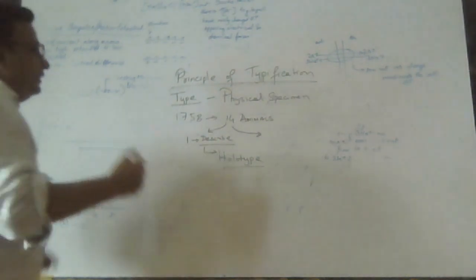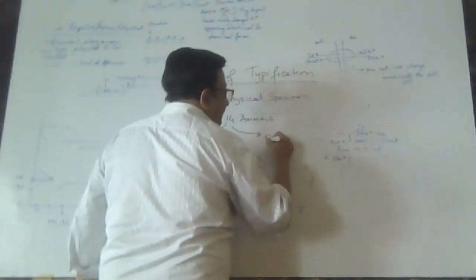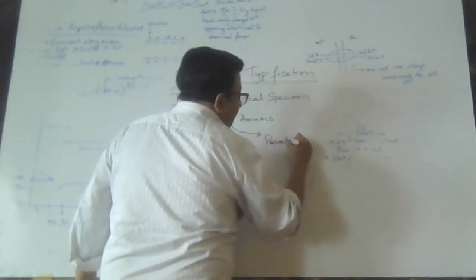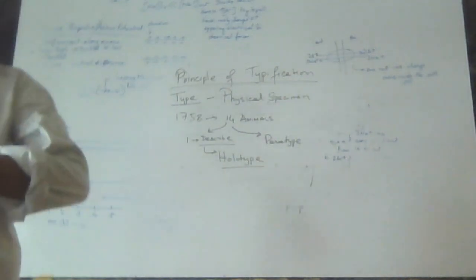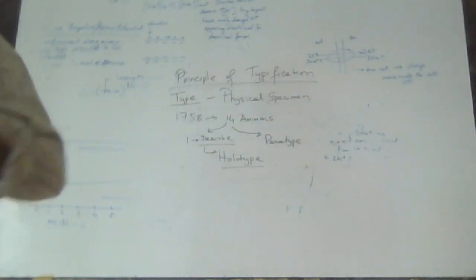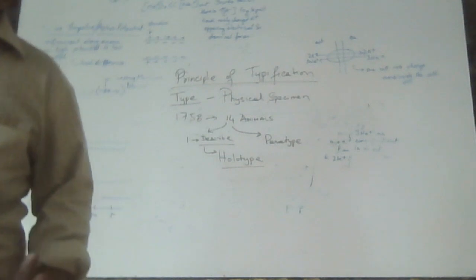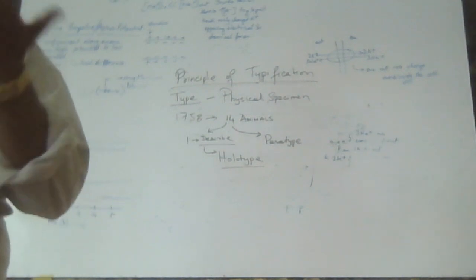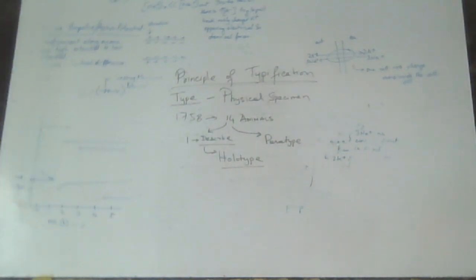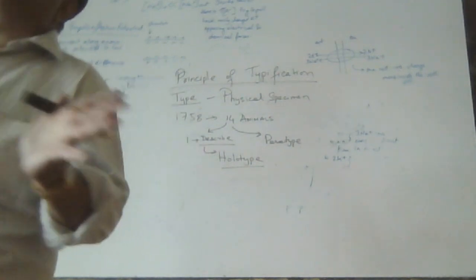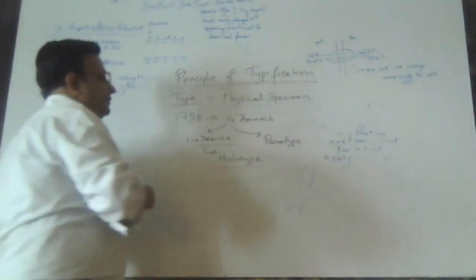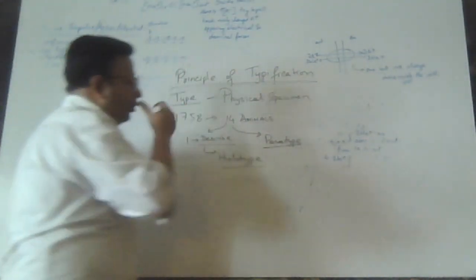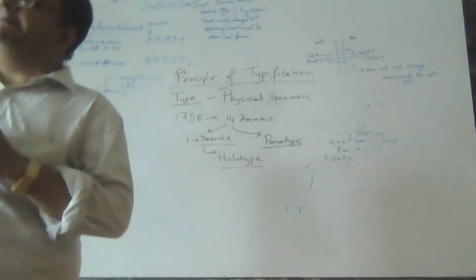Those others are known as paratypes. The main thing is the holotype, and the others are paratypes. All 14 animals have been described in this publication.